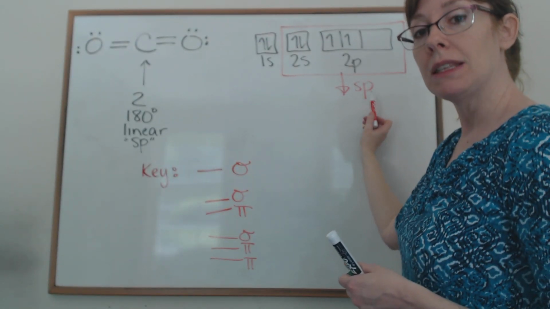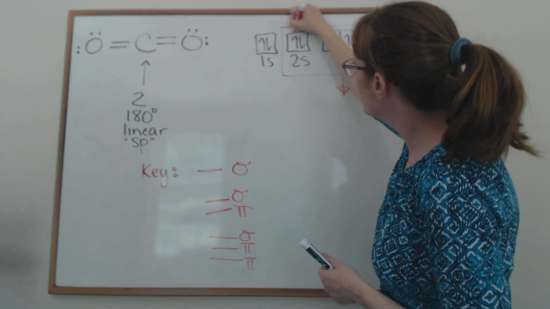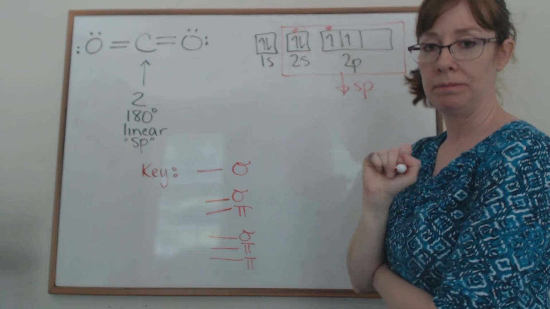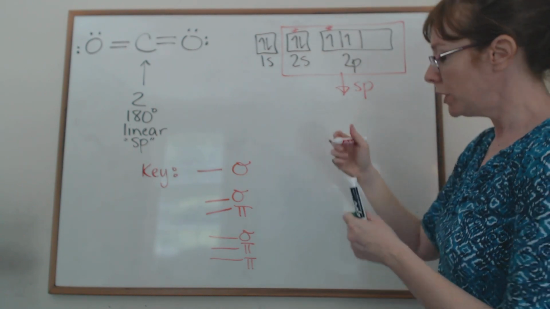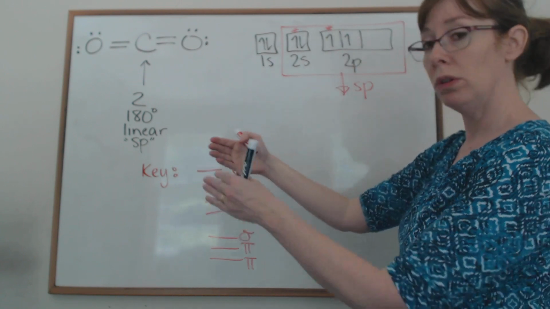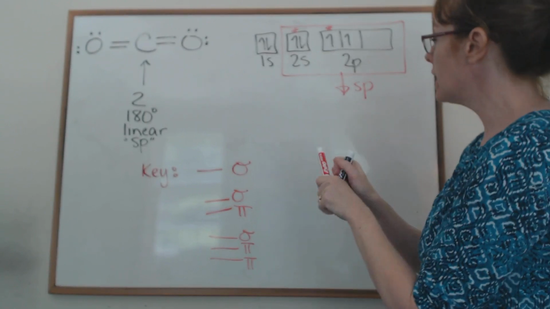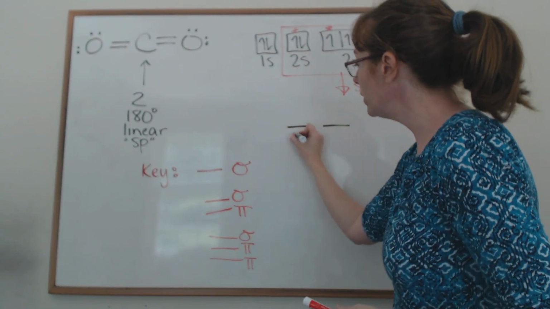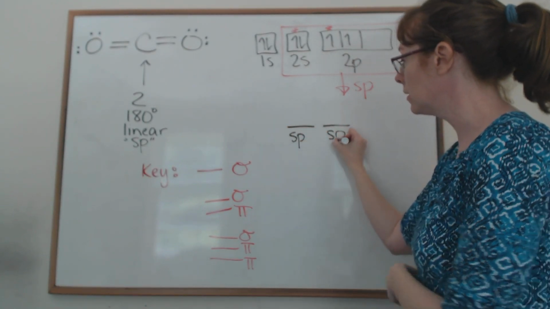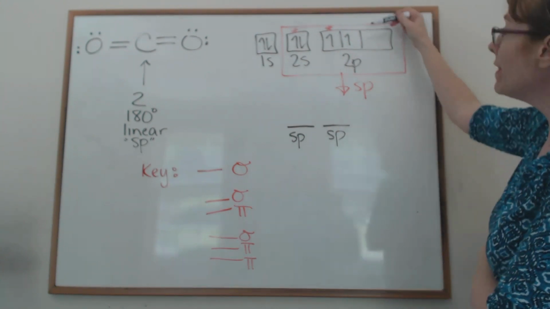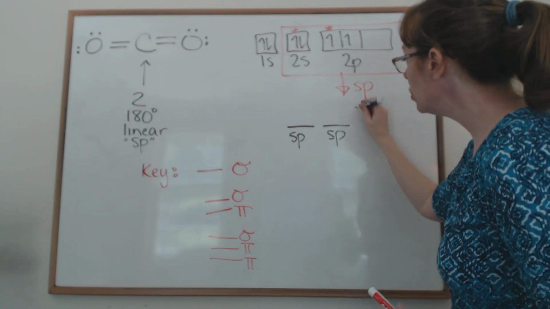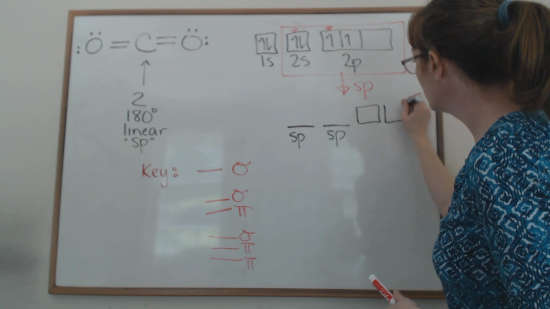So sp means it hybridizes an s and a p, which means that in the blender go an s and a p, 2 in, 2 out. So as a result of sp hybridization, you will only get 2 sp hybrids. What you have that didn't get hybridized were 2 2p orbitals.